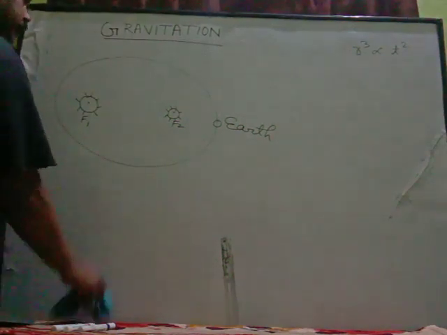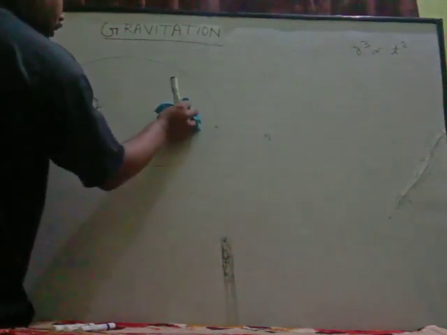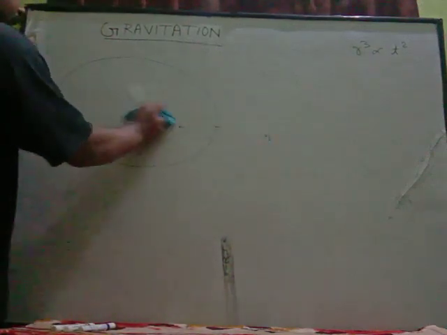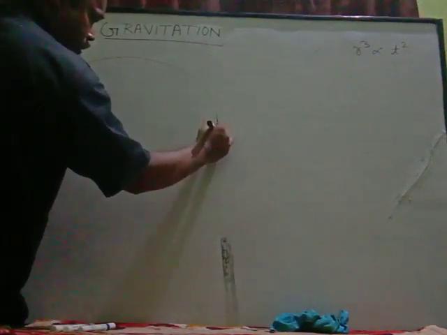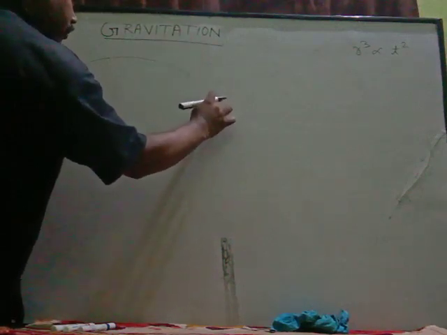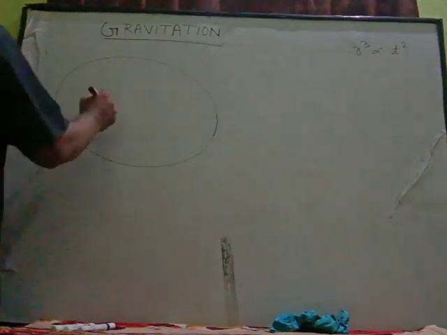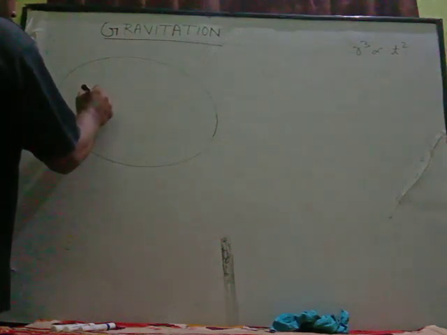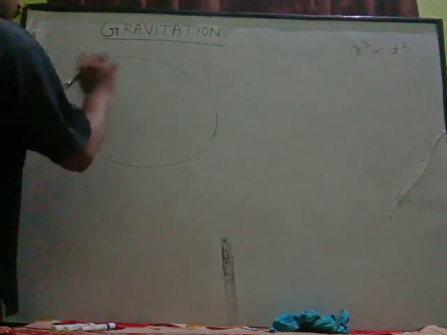Second law. What is second law? Try to understand. Second law says that suppose we have the sun at focus F1 of the elliptical path.